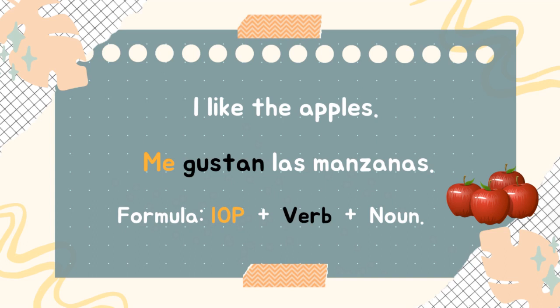What do we have to do? That's right. We're going to drop our AR and add AN. So we're left with gustan. And then we have las manzanas. That's plural. So let's say it all together. Me gustan las manzanas. The apples are pleasing to me, or I like apples.